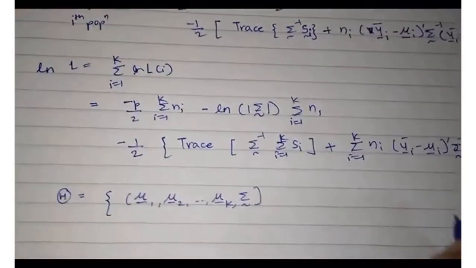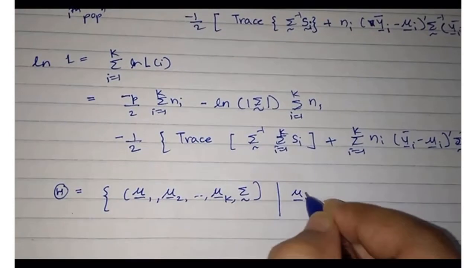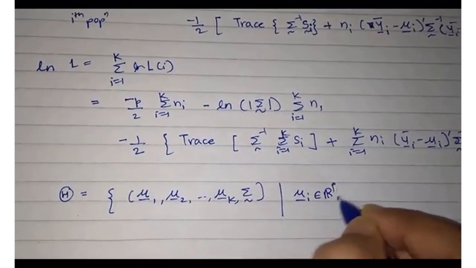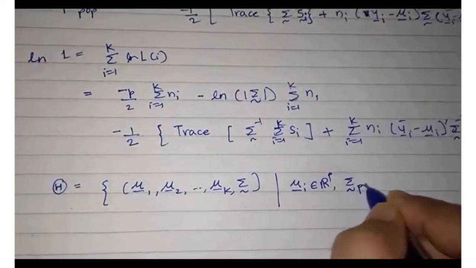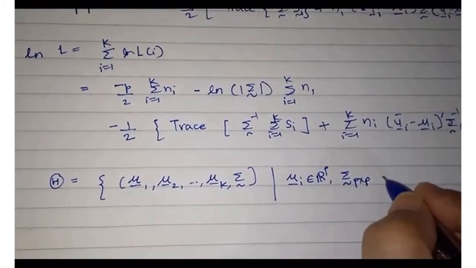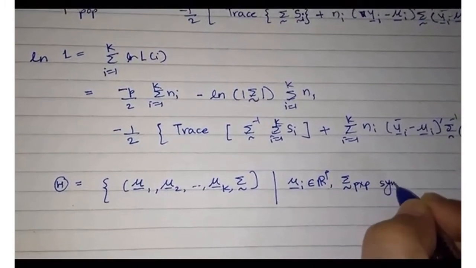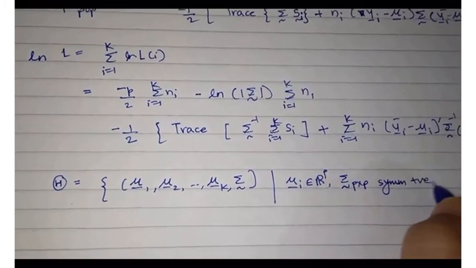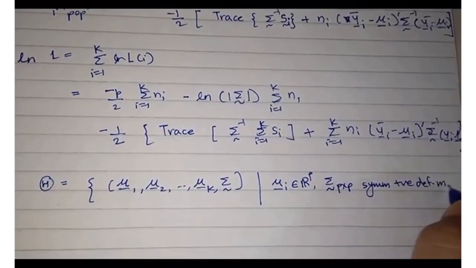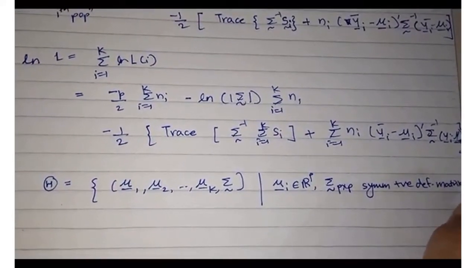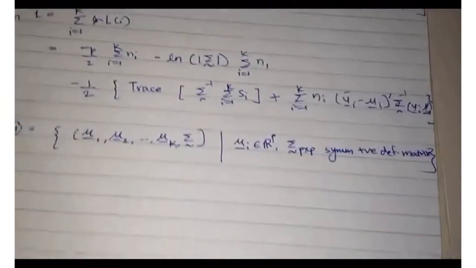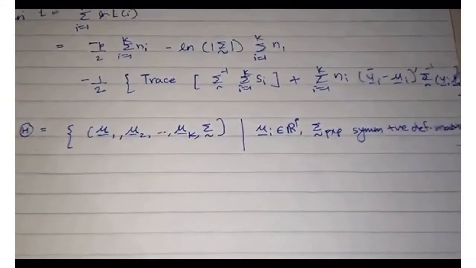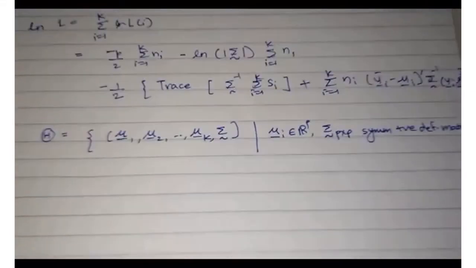Sigma we are assuming as common. So each mu_i belongs to R^p, and there is actually only one sigma. Sigma is a p cross p symmetric positive definite matrix. Okay. Is it okay? This is my overall parameter space.